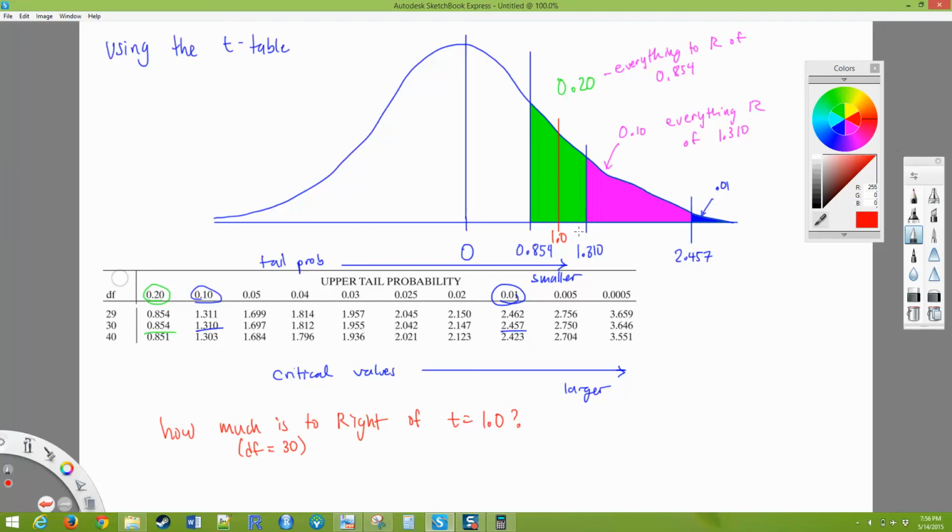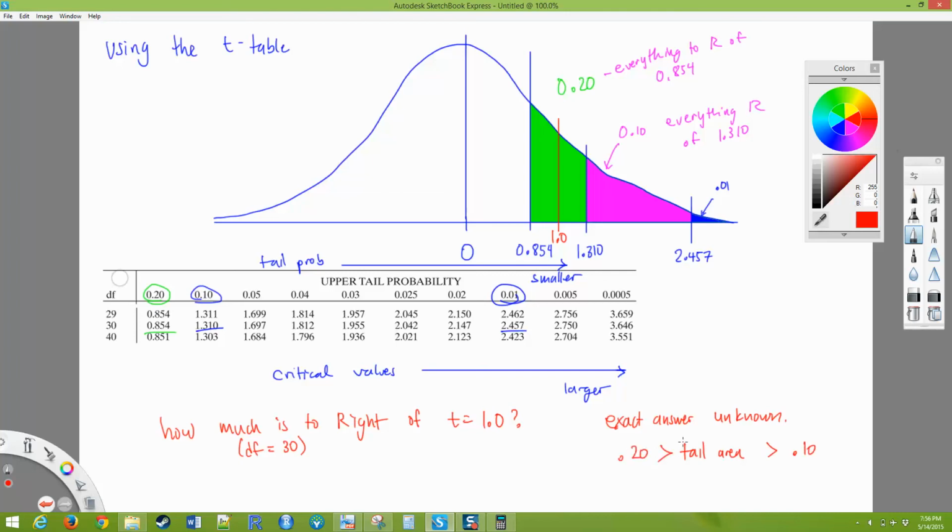Well, you can try to interpolate, but you don't have to. We're just going to say we don't know the exact answer, but we do know it's more than 10% and less than 20%. Okay, so exact answer unknown. But that's okay. We just say the tail area is greater than 10%, less than 20%.